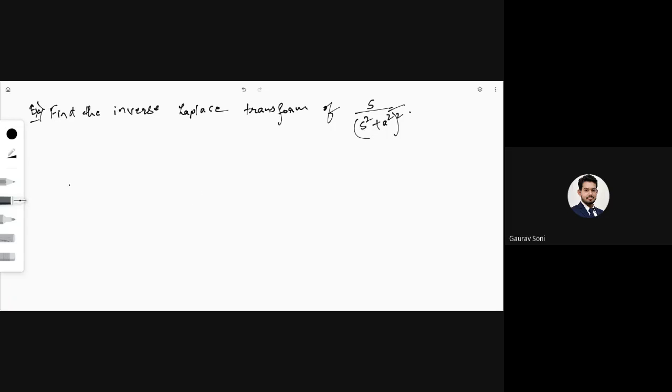So what we need to find is the Laplace inverse of s upon s square plus a square whole square. Suppose it is f of t.